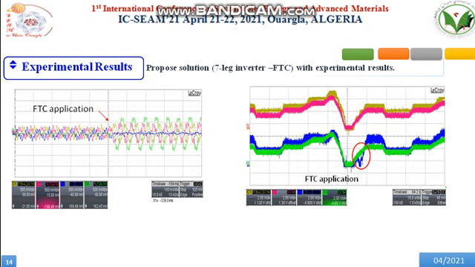We remark that the speed of induction motor 1 is slightly affected compared to the reference when the fault occurs. After that, FTC is applied, which allows induction motor 1 speed to return to the reference as in the pre-fault case.